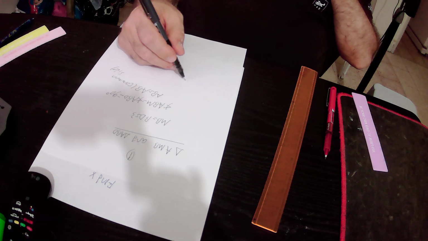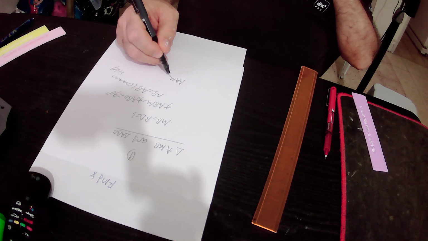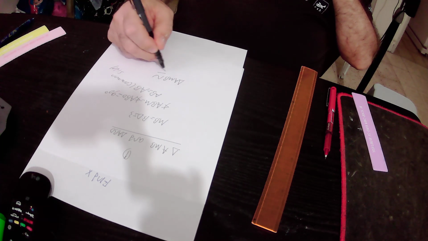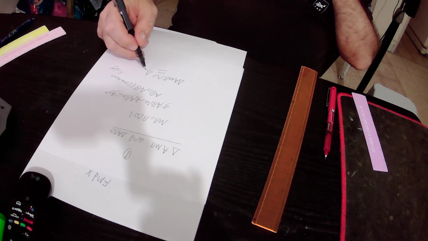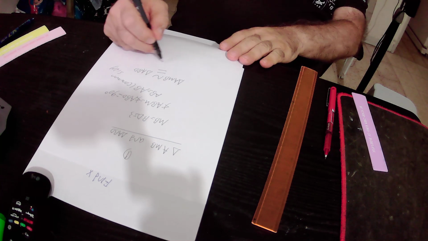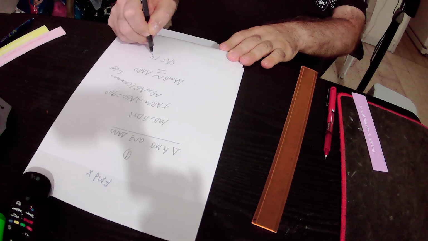Triangle AMB, the right triangle, congruent, this is the sign of congruent, to triangle ABD according to the side angle side rule.